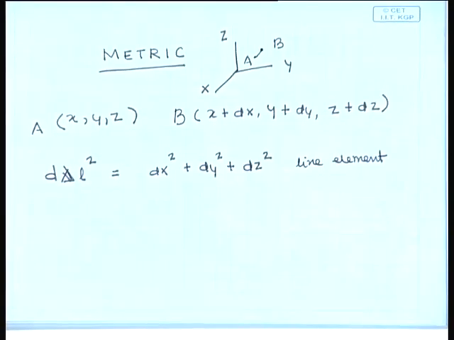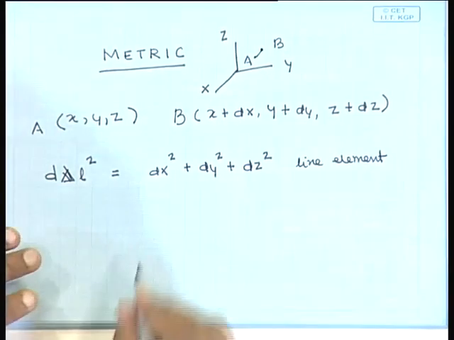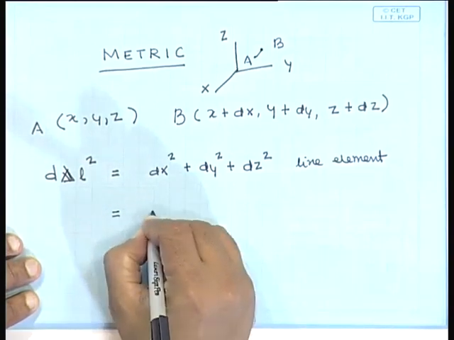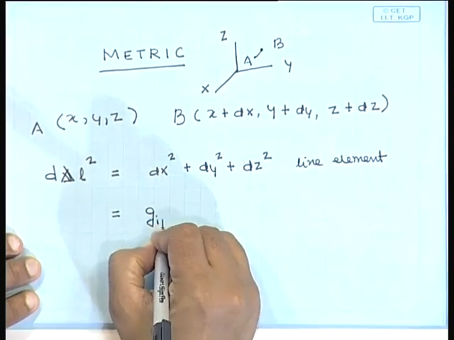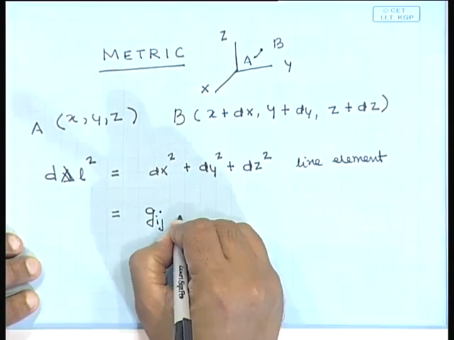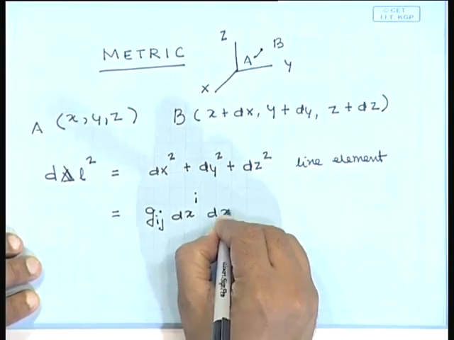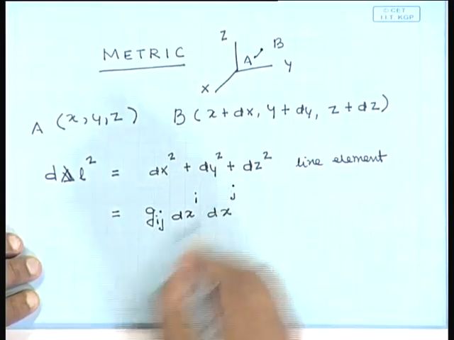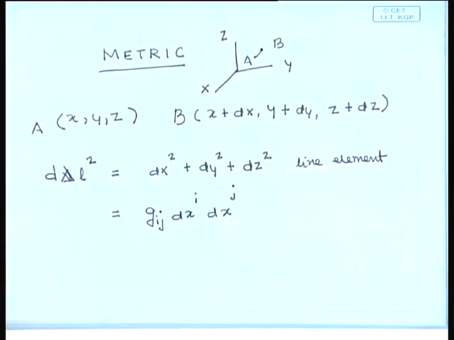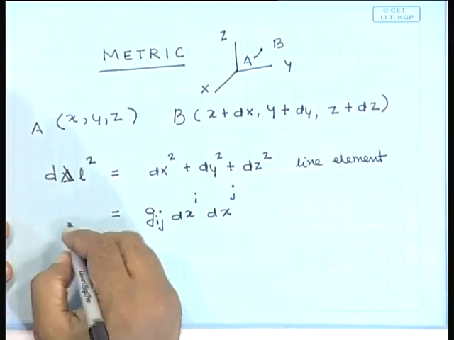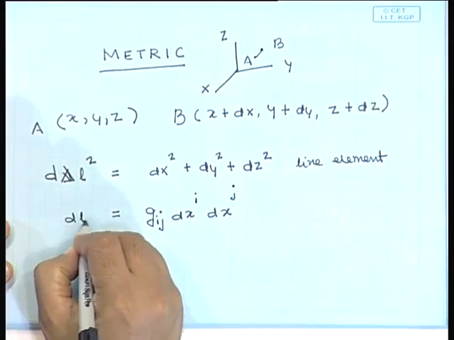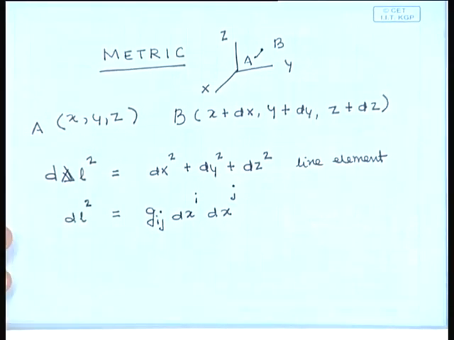And it is convenient to write this as Gij dxi dxj. So the square of the distance between those 2 points we have written as Gij dxi dxj.